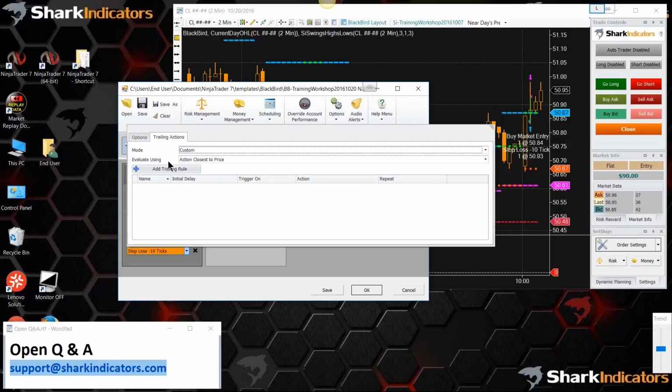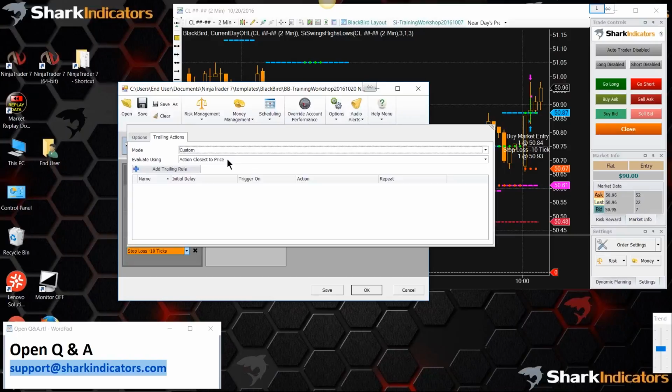And for stop losses, typically most people want to move their stop losses closest to price. That's the typical action that we want to happen here. It's very rare that you want to move your stop loss away from price, right?